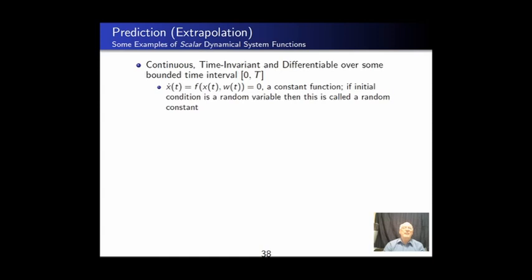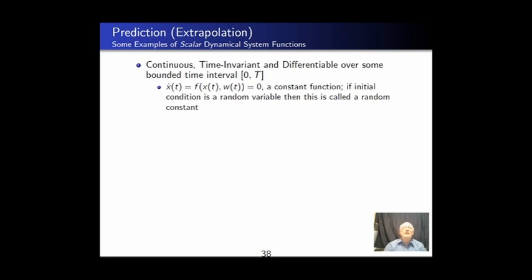So here's an example. It would be x dot at time t equal to some function of x at time t and the noise at time t. And in this case, the example says that this function is identically 0. It never changes, okay?